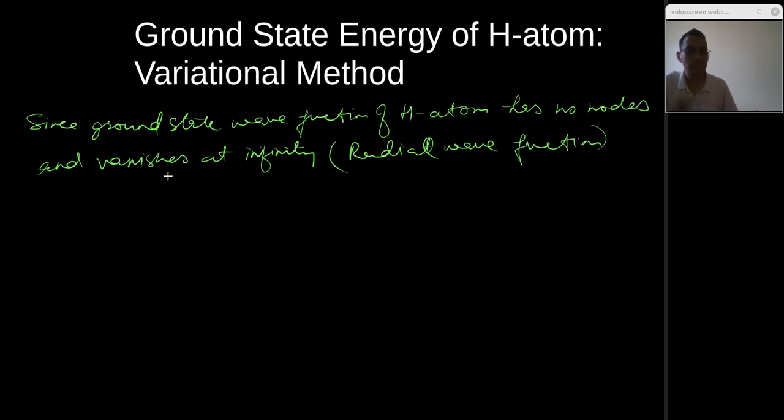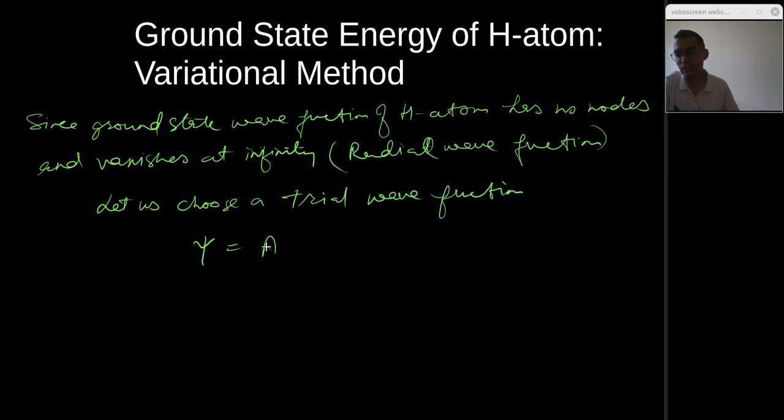So keeping this in mind, let us choose a trial wave function. Let me write down that psi is equal to A exponential of minus alpha r.